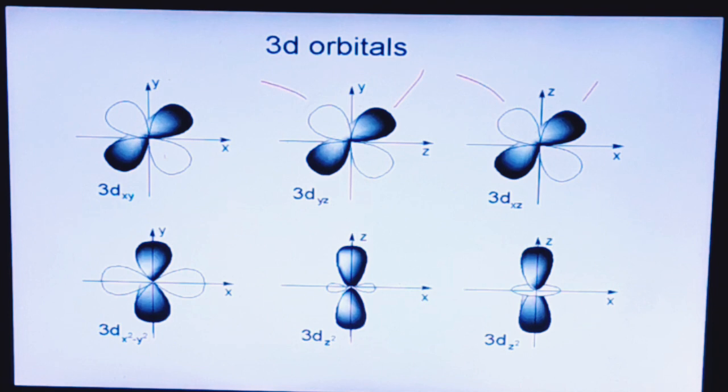When we consider the dz², this is lying on the z-axis, and this is the donut-shaped ring around the z-axis. So these two orbitals have their loops lying on the x, y, z axes, and these three orbitals have their loops lying in between the axes.